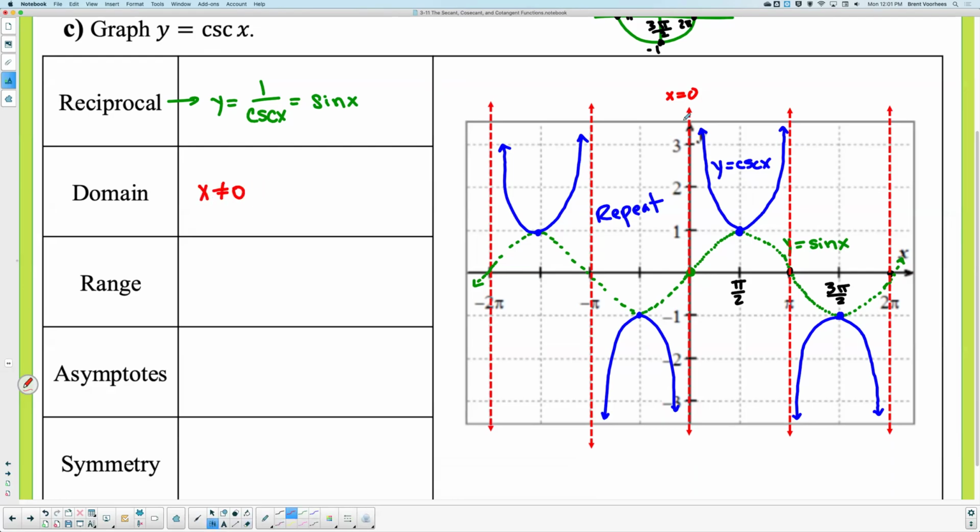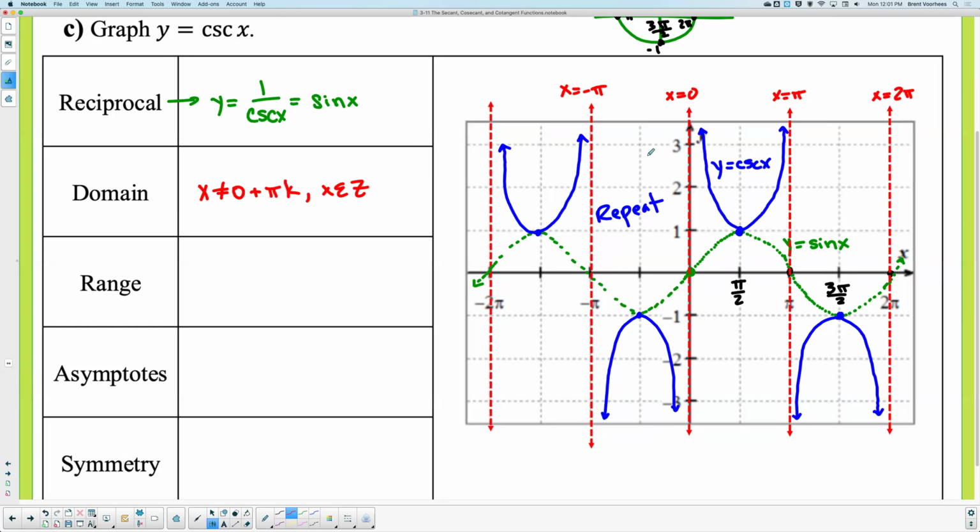And then how often do those repeat? At every pi. Notice that's 1 pi. This is 2 pi. This would be negative pi, and so on. So you would say plus pi k, since they repeat every pi value, where once again, k is any integer. Are you tracking with how I'm doing this?